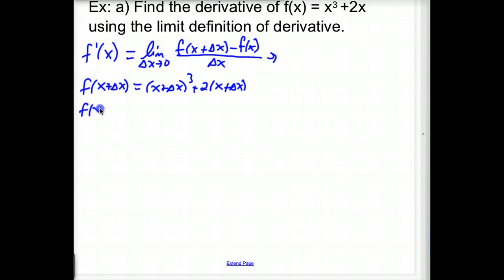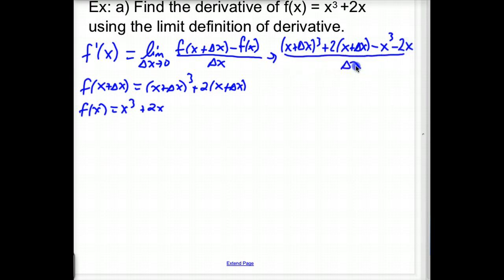And then f of x is just itself. So let's replace those here. We'll have x plus delta x cubed plus 2 times x plus delta x minus the original function. Remember to distribute the negative because we're subtracting the whole function, all over delta x. And I didn't use an equal sign because I didn't write the word limit again.